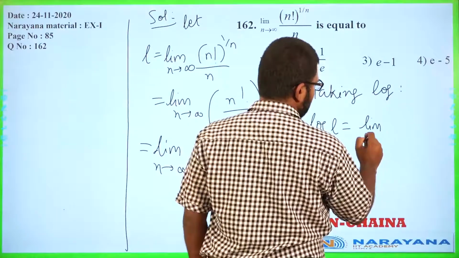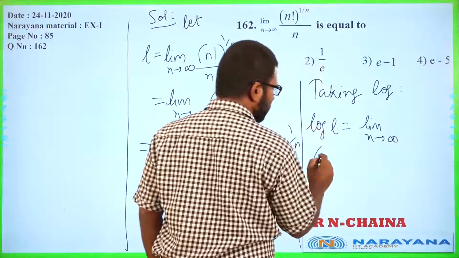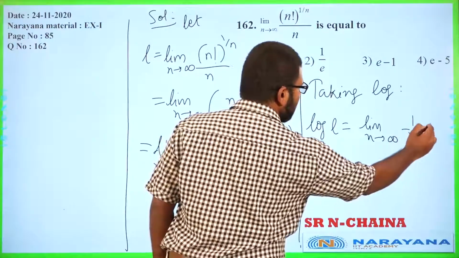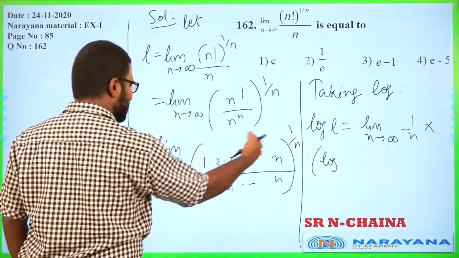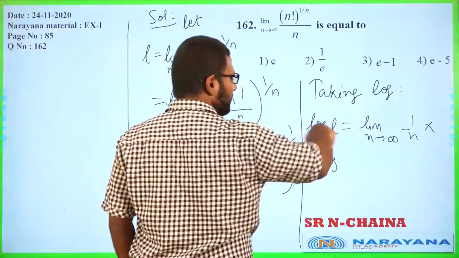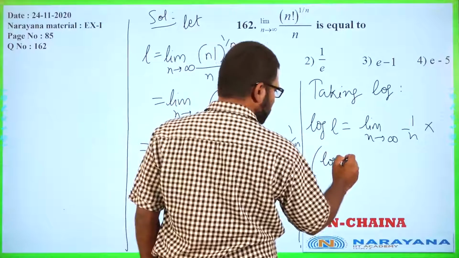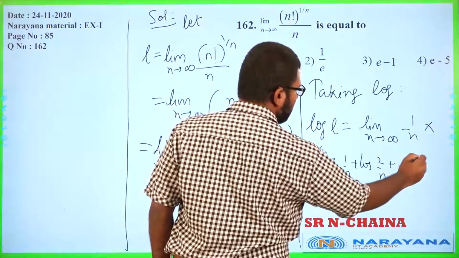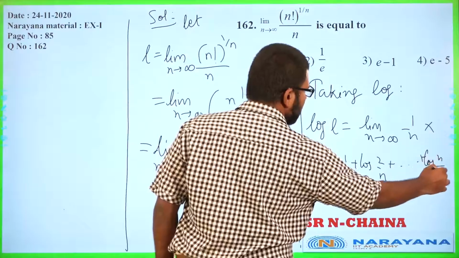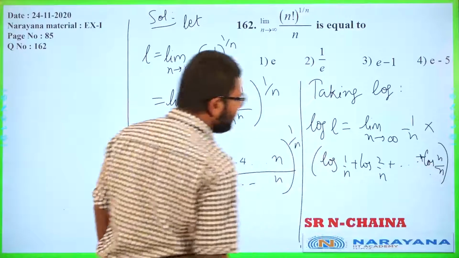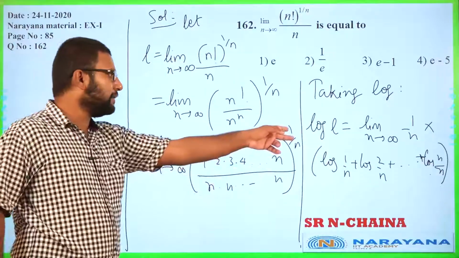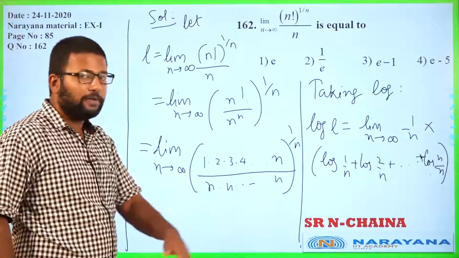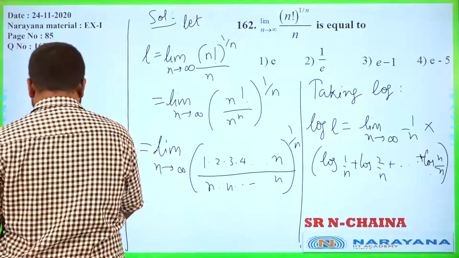So, limit n tends to infinity of, can you see this is a power, so this power will come outside. So, 1 by n into log of 1 by n plus log 2 by n plus up to log n by n, correct? When you take log, the power will come outside and every product will then become a sum, which now we will write as summation.